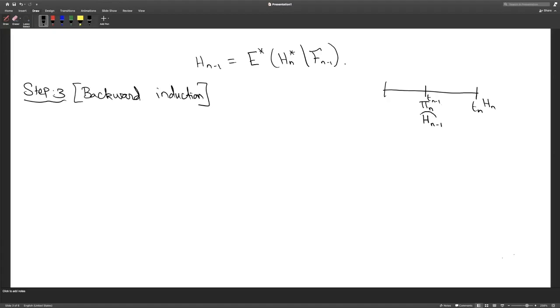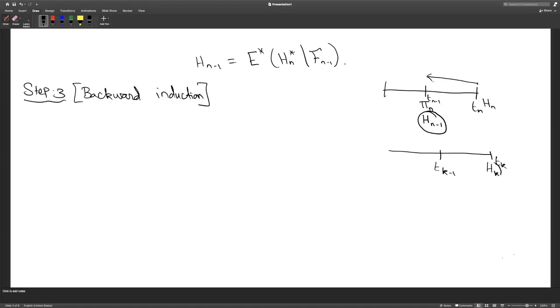So we have this in hand. Now the same idea, whatever we did to get this Hn minus 1 from Hn, the same idea now we will do for the level Tk minus 1 given the value Hk at Tk.